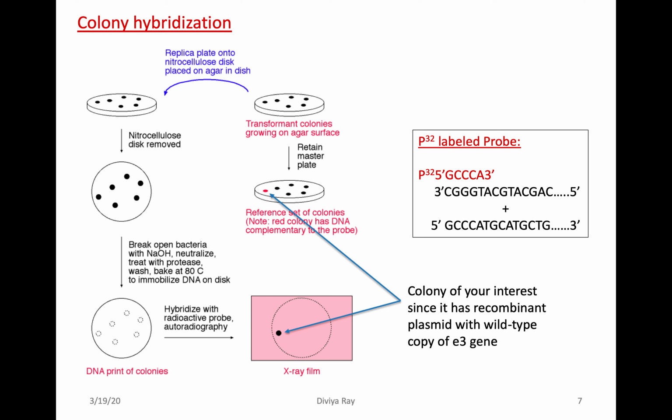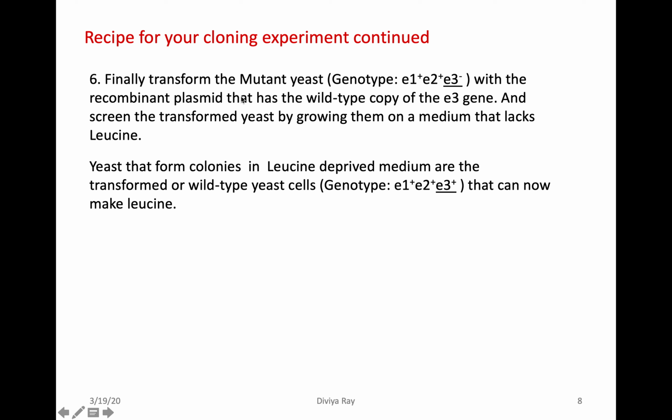Now what you do is you isolate the plasmid from this colony, and then you take your mutant yeast and transform the mutant yeast with the recombinant plasmid that you have isolated. After transformation, you grow the mutant yeast in a growth medium that lacks the amino acid leucine.